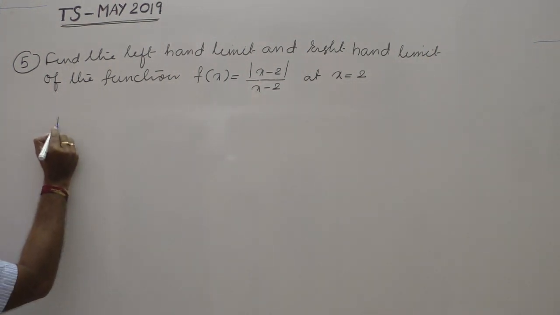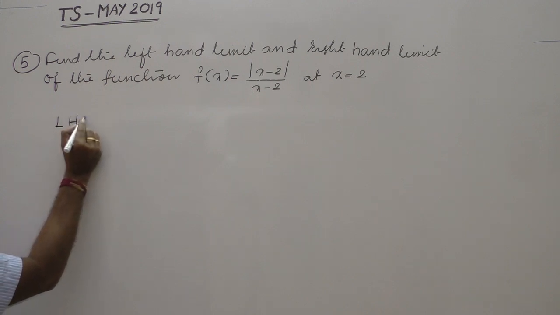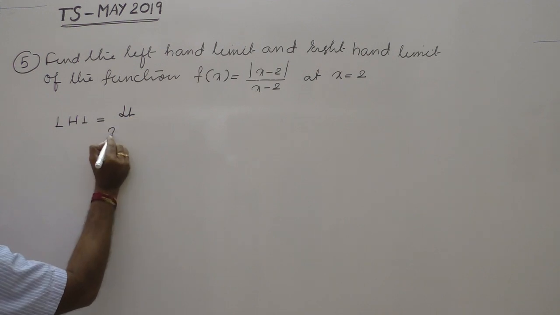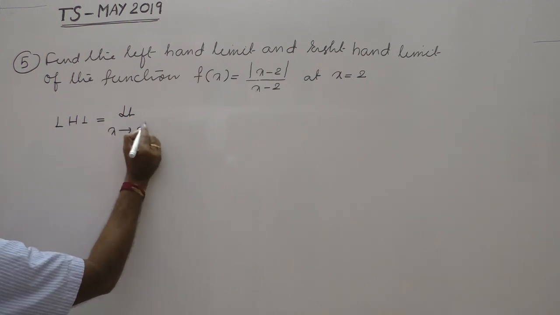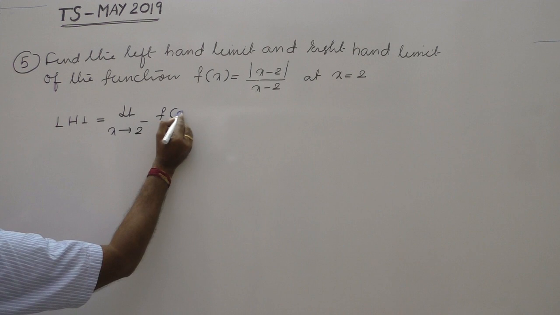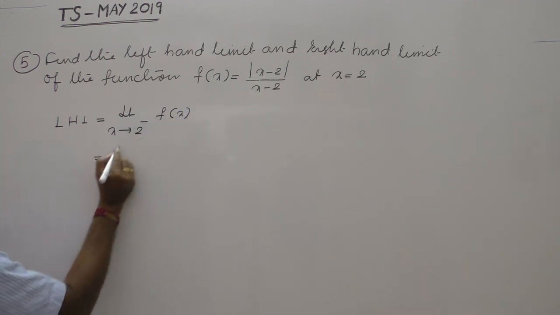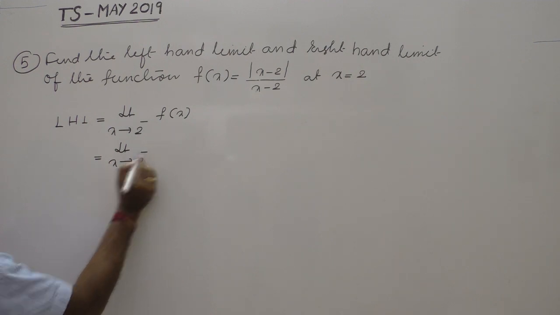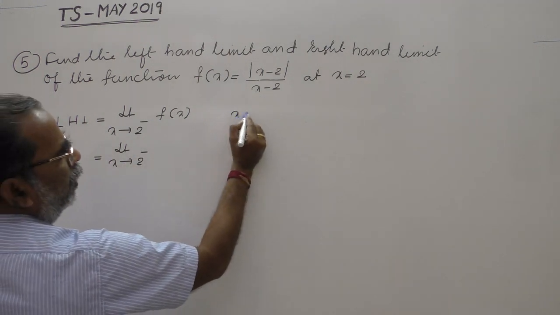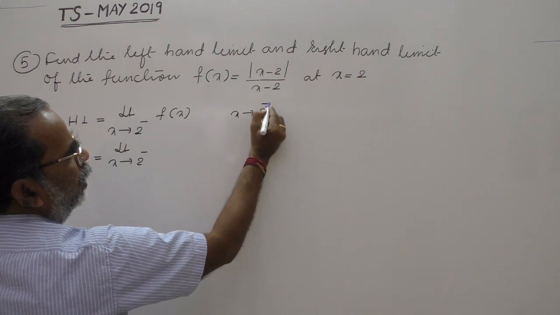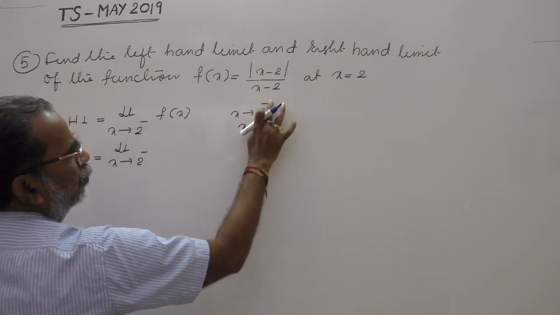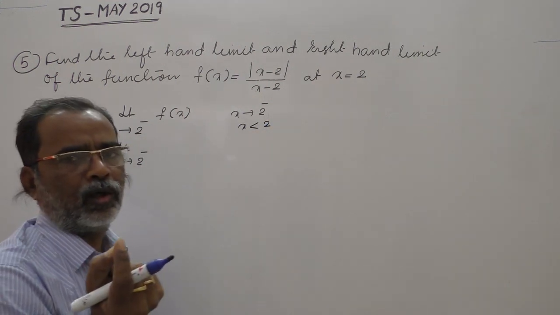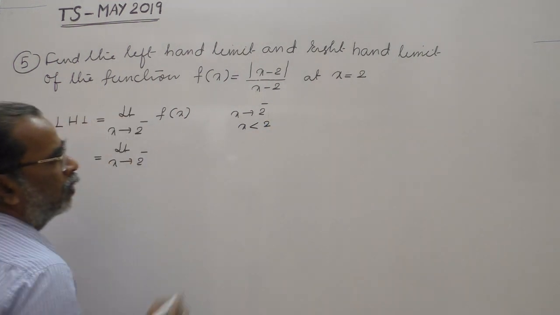Since it has a break at 2, we should find left limit and right limit. So I am finding the left hand limit, LHL. Left hand limit means limit x tends to 2 minus f(x). X tends to 2 minus means x is fractionally less than 2, like 1.99 something.